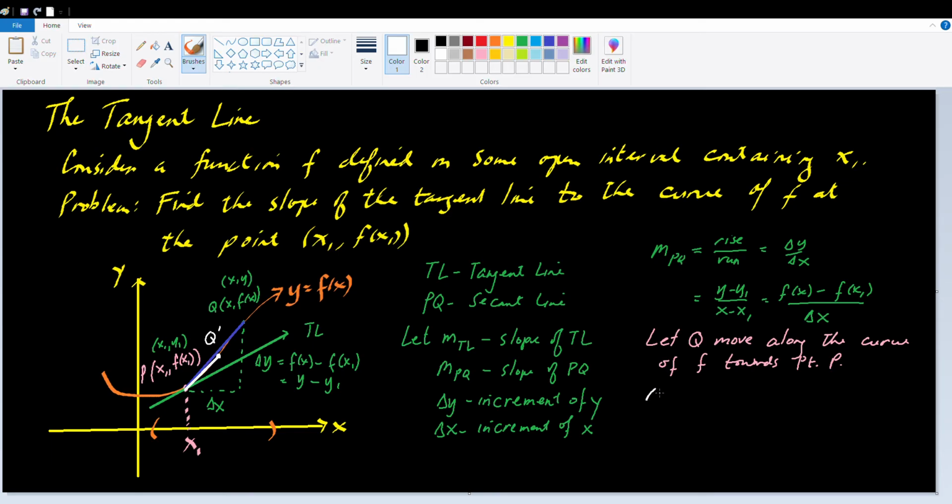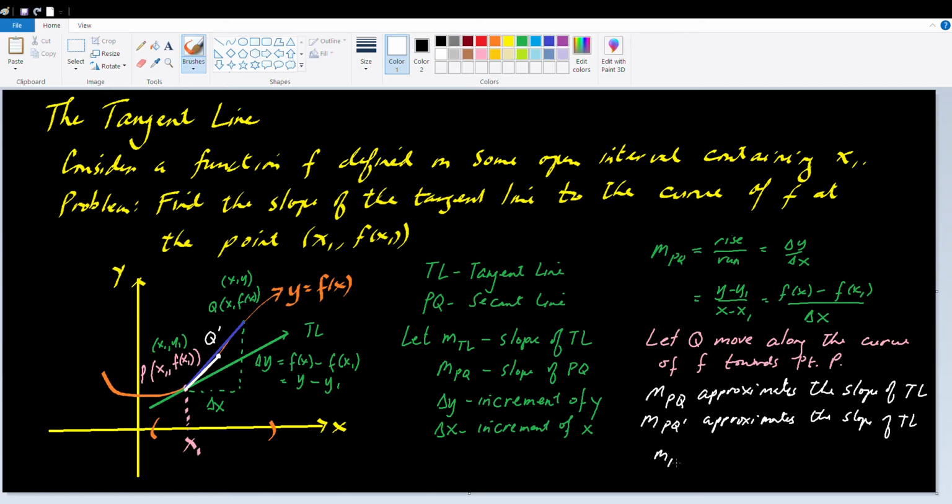But the slope of PQ prime is a better approximation of the slope of the tangent line.